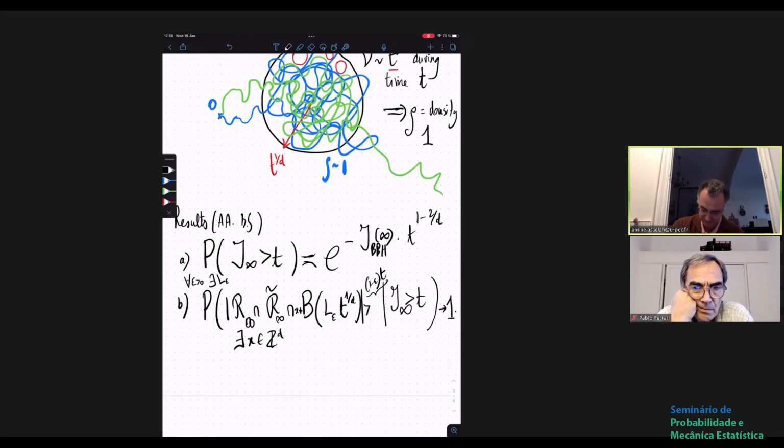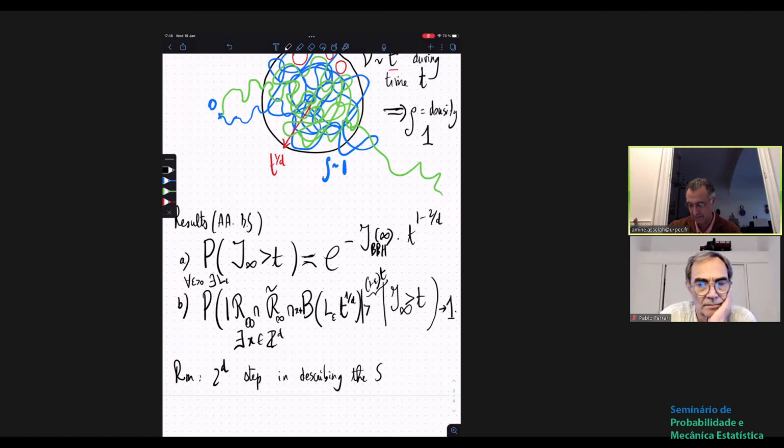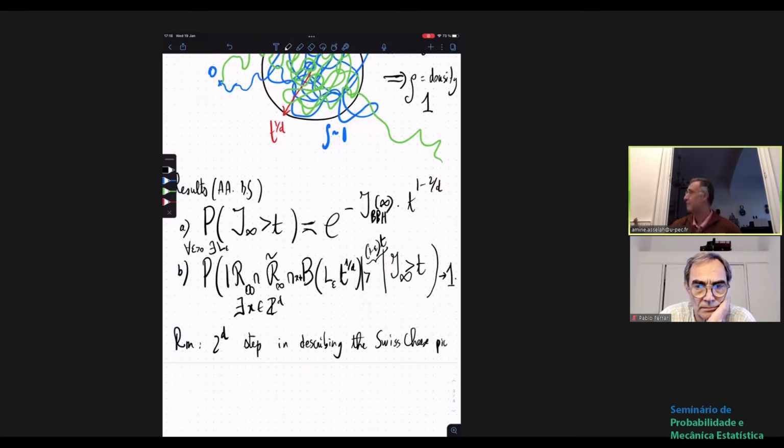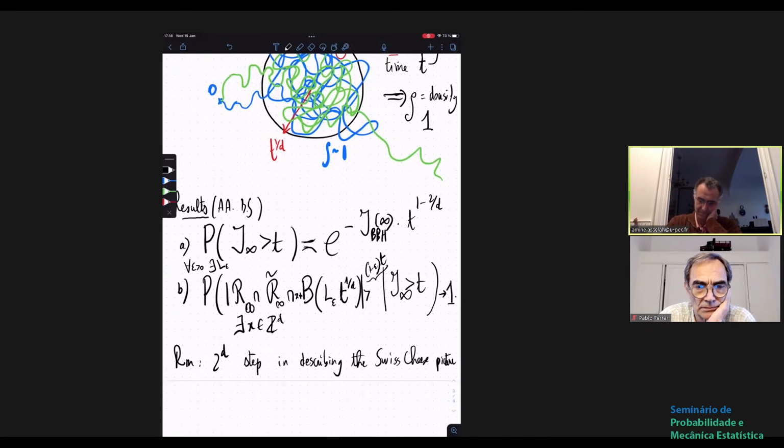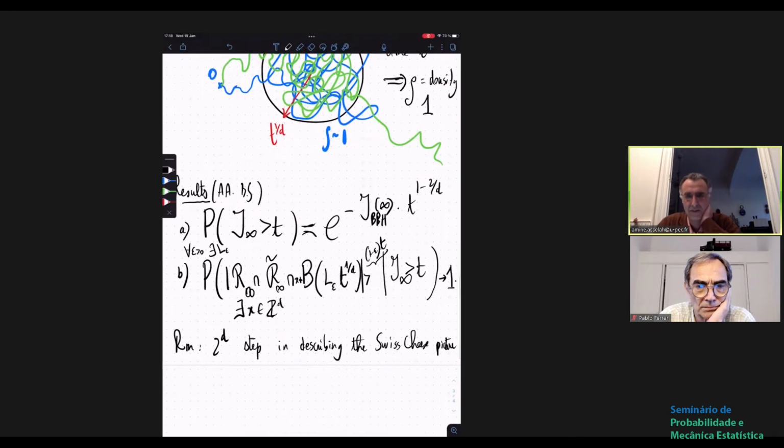Let me emphasize that this is a first or a second step, because BBH was the first step, and this is a second step, but by no way the last one in describing the Swiss cheese picture. Okay. So any question about the shape of this result?